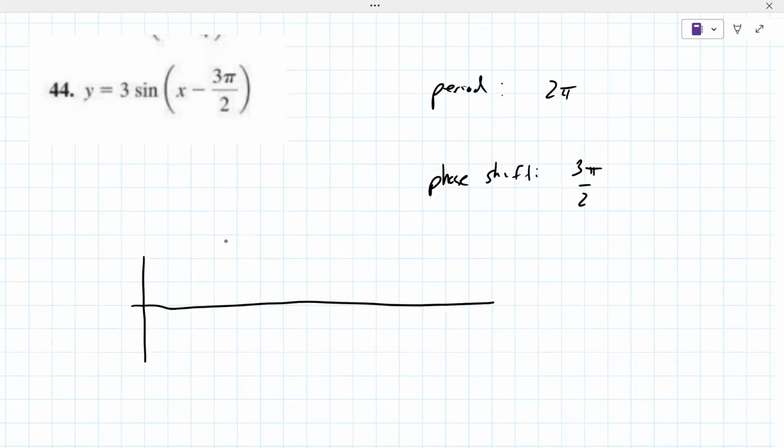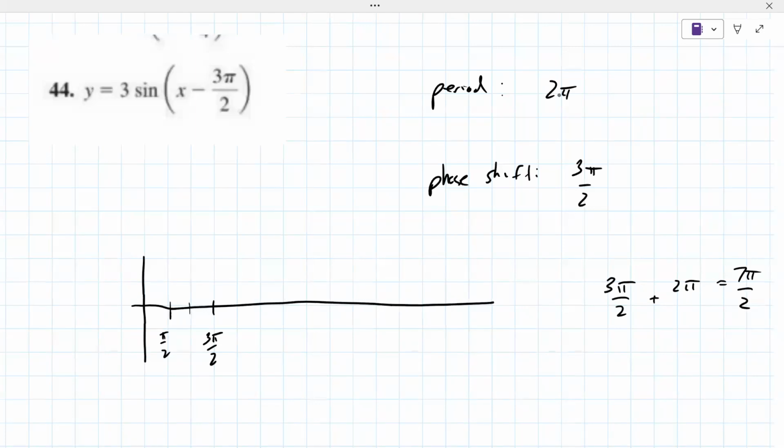So 3 pi over 2 and 2 pi, you want to ask how do I get to 3 pi over 2? What increments make sense so that I can still get 2 pi out of it? If they're each pi over 2, then 3 pi over 2 is there. And when you add 2 pi to it, you get 7 pi over 2.